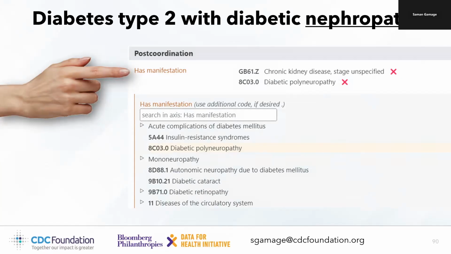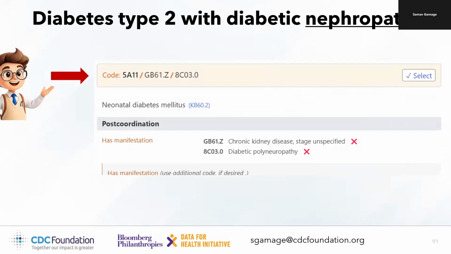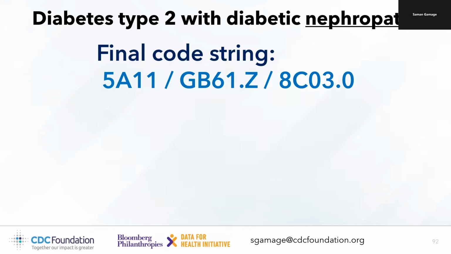So here we have the post coordinated codes for chronic kidney disease stage unspecified, and then there's another code for diabetic polyneuropathy. So a cluster of codes appears here, a cluster of 3 stem codes.